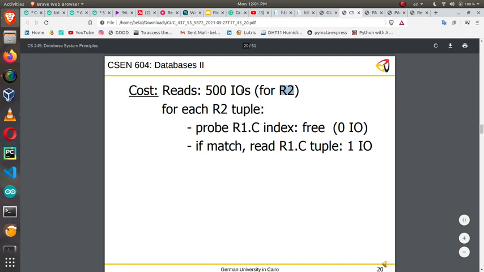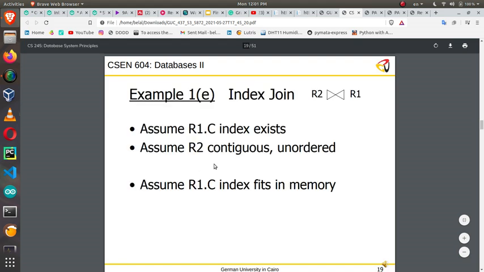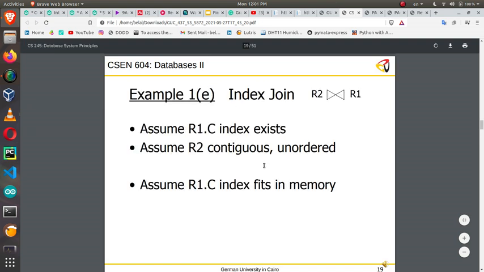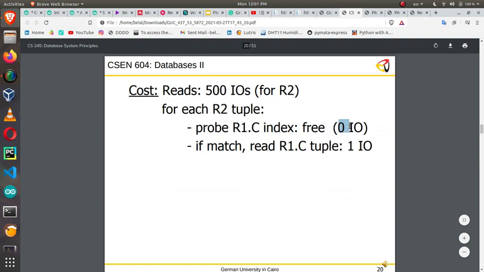So if R2 has 500 blocks and it's contiguous, it will cost us 500 IOs. Then for each value in R2 we will search R1.c. Since R1.c, according to this assumption, fits in memory and already exists in memory, it will cost us 0 input-output operations.